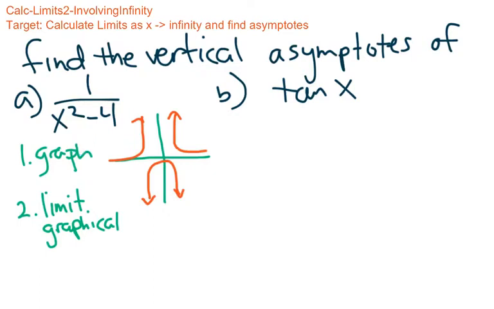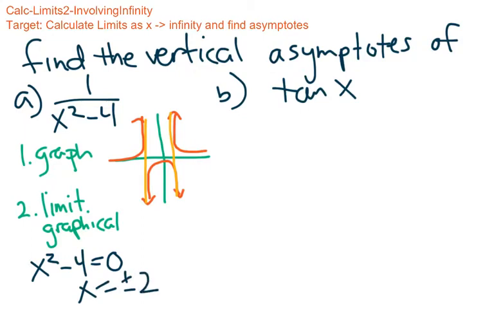So we're using algebra and our connection with limits now. So what values for x give us this asymptote here? Well, the algebraic thing is to set x squared minus 4 equal to 0. So you get x equals positive and negative 2.